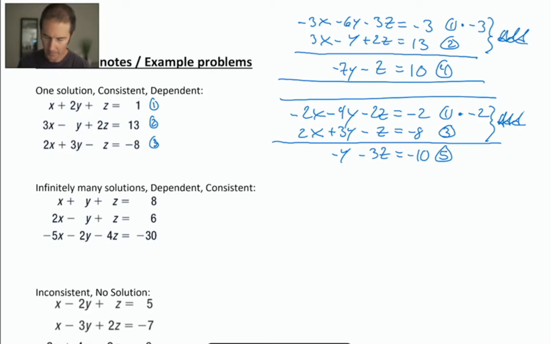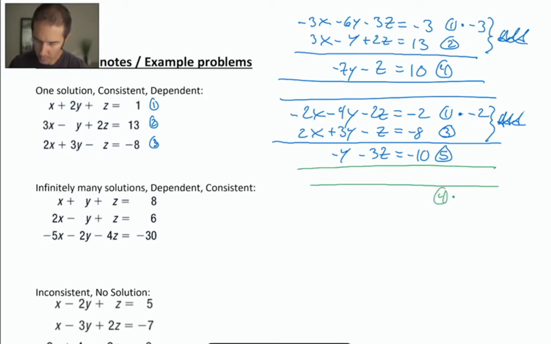So let's do that. I'll skip a line in here so you've got space between each little collection of arithmetic and combinations of equations. I said I was going to take equation number 4 and multiply it by negative 3. So that makes 21y plus 3z equals negative 30.